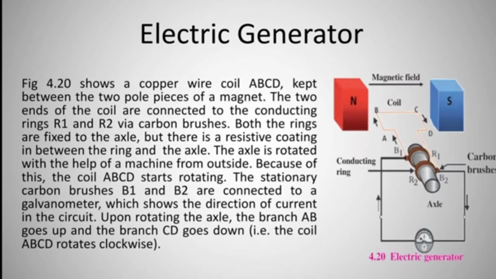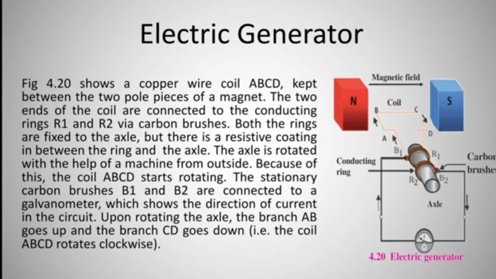Here, mechanical energy is used to rotate the current carrying coil in a magnetic field around an axle, thereby producing electricity. Figure 4.20 shows us the construction of an electric generator, where a copper wire coil ABCD is kept between two pole pieces of a magnet.